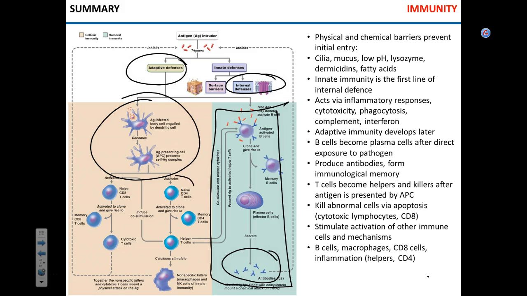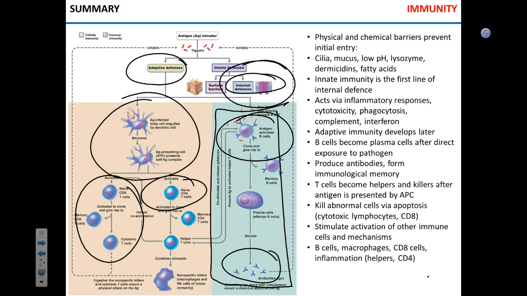Then CD4 cells will develop into helper cells that will either stimulate the differentiation of B cells and antibody production, or stimulate phagocytosis, and will indirectly, not through direct cell-cell interaction, stimulate CD8 cell activation.